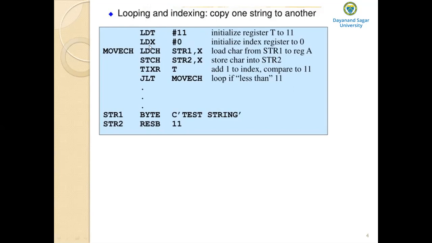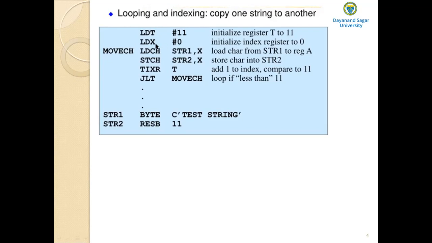Then one more thing: a string, as I said, is an array. You have to copy the string character by character, so we need an index value in order to point to the next character while copying.